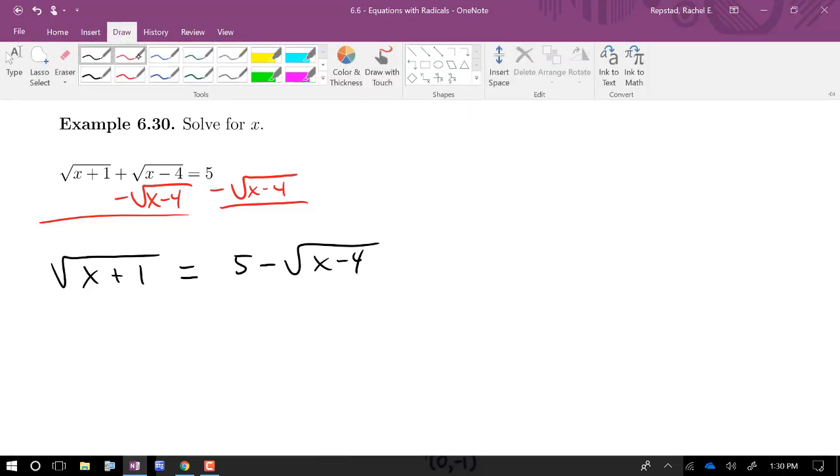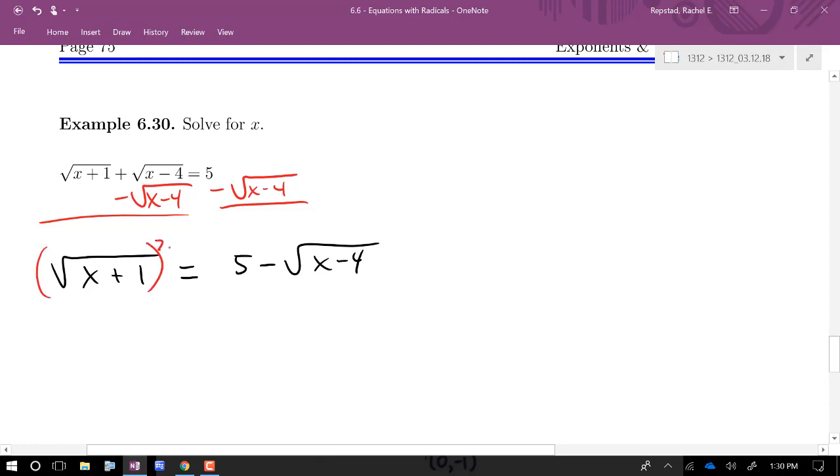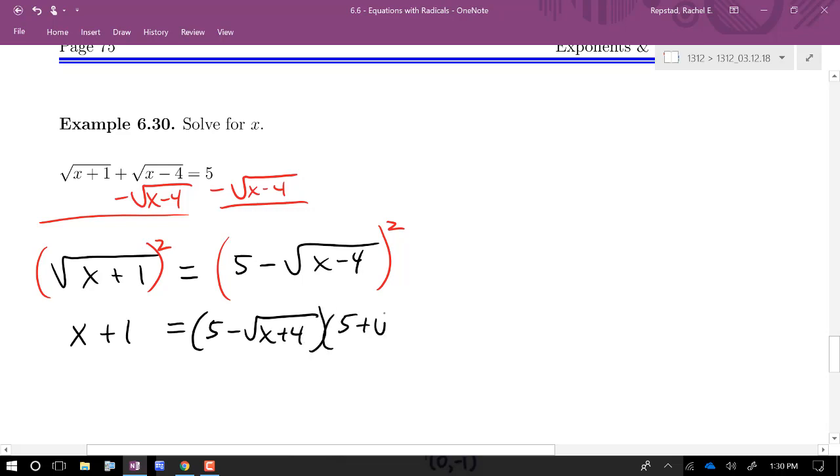Now, let's try squaring both sides here. So the left side, we're just squaring a square root, so that'll be nice. The right side, we'll still have to do some foiling, but let's just see where that leads us. Oh, whoops, that's a minus.